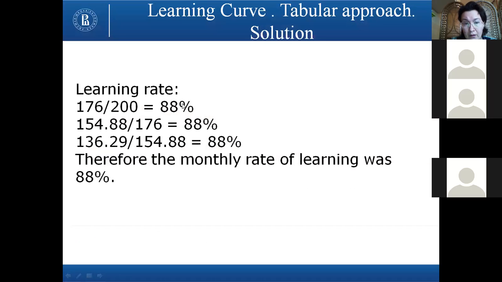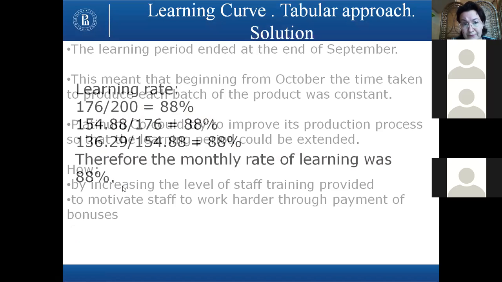And our calculations, our results demonstrate that the learning rate is the same. Monthly rate of learning was 88%.